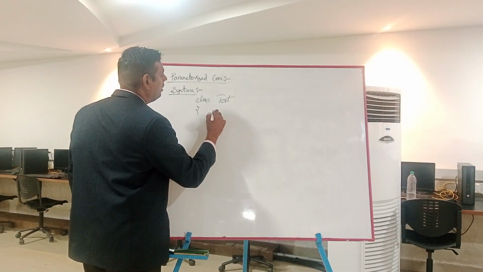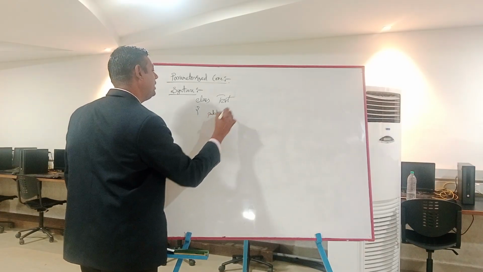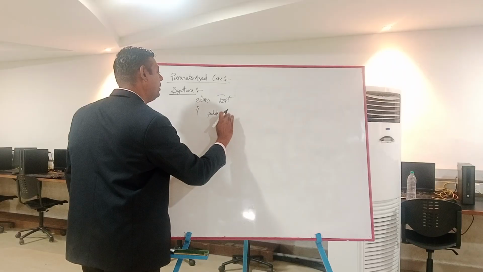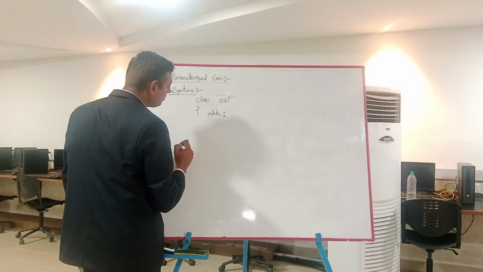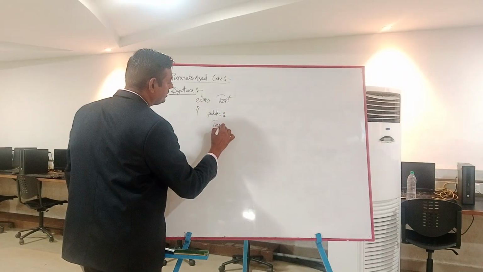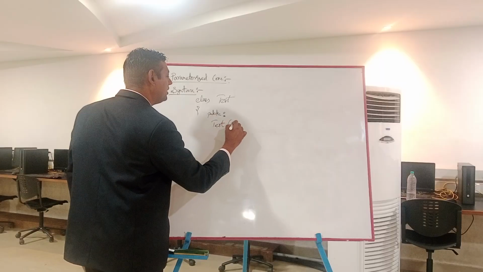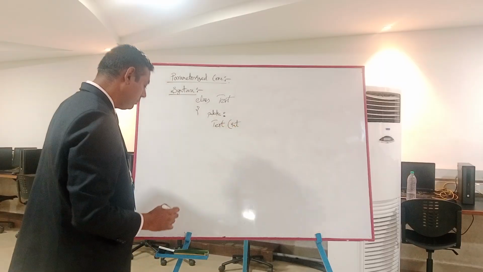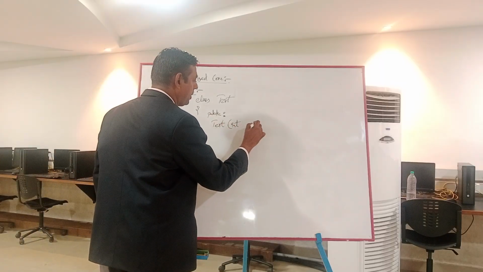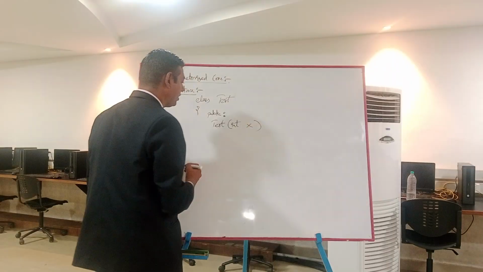All the constructors you have to write under the public access specifier. So public colon, then I write test, and integer x.